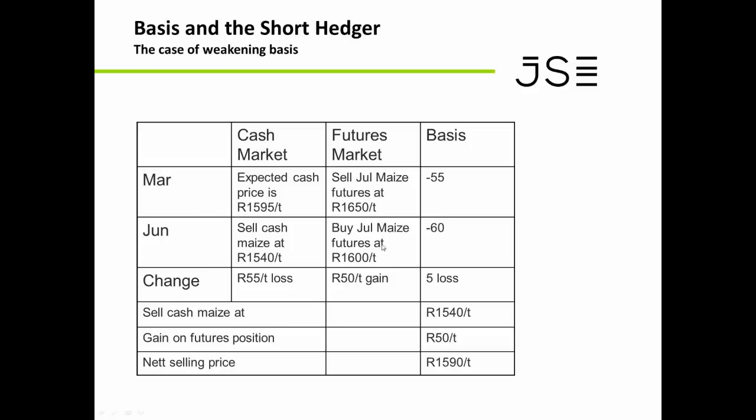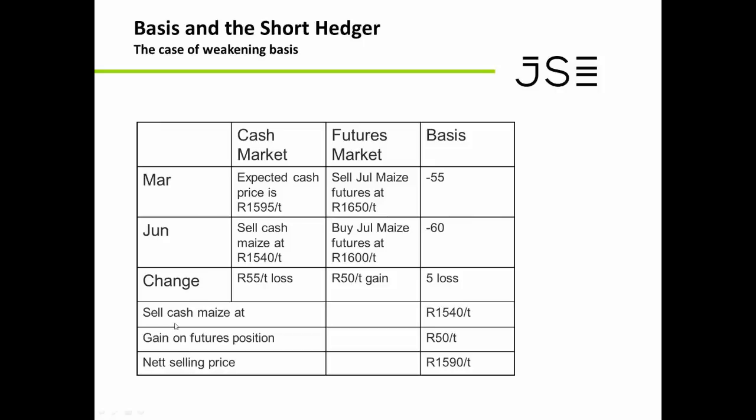Now, because come June, the basis actually weakened further, we now take 1600 minus 60 and not minus 55, and that gives us 1540 instead of 1545. Okay, and that's why you see almost a net loss for the hedger there.